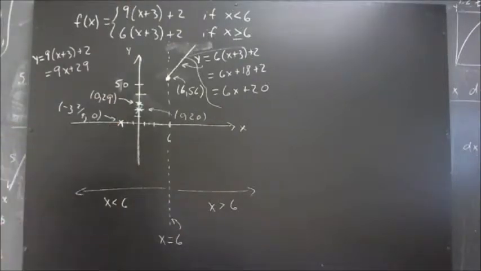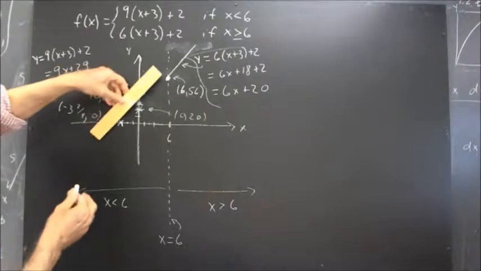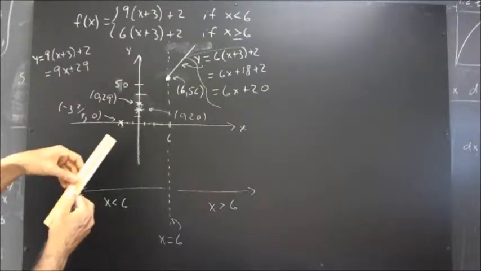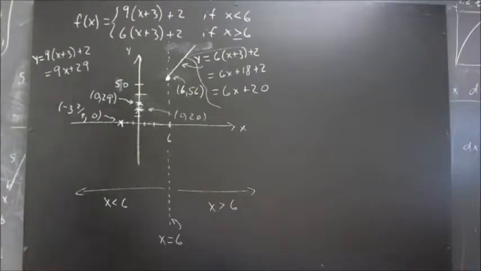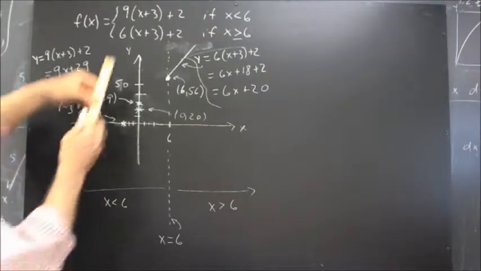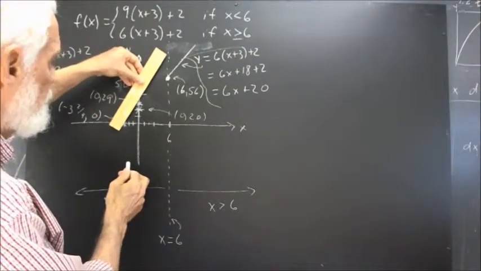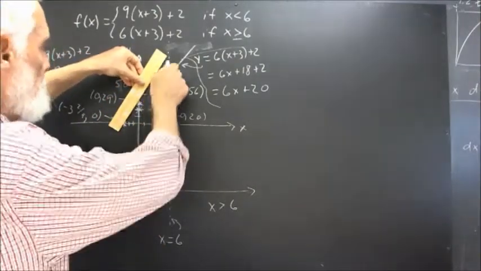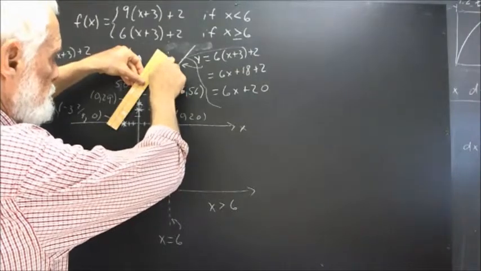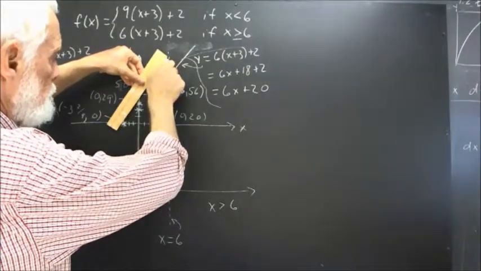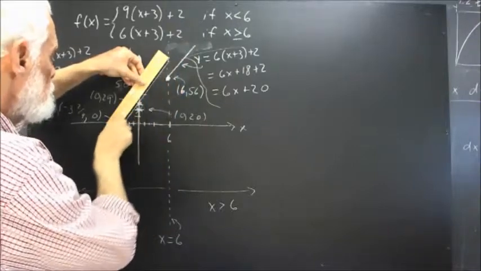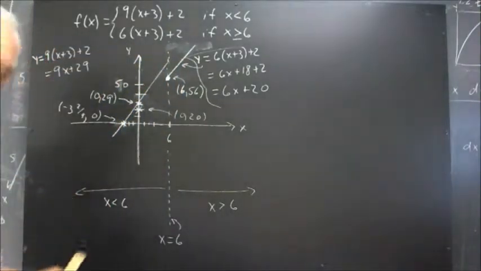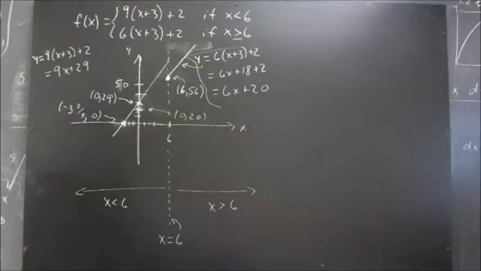These 2 points lie on the line, and we can now graph the line. So taking a straight edge through these points, I think the line will come out something like here.